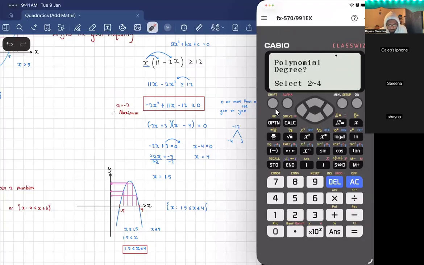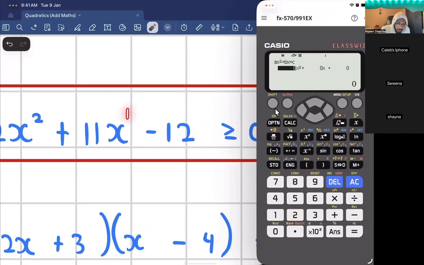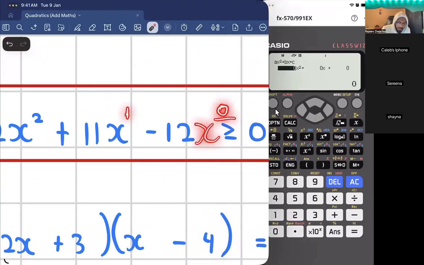So when you say degree, they're talking about the highest power of x. What is the highest power of x we have in a quadratic? 2. 2, right? Because x squared. Yes. You're not seeing it, but this is really x to the power 1, eh? And this would be x to the power 0. So the highest power is really 2, right?